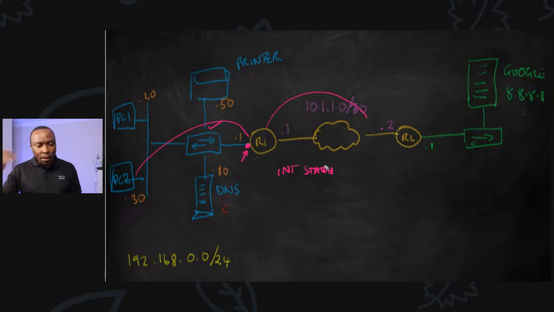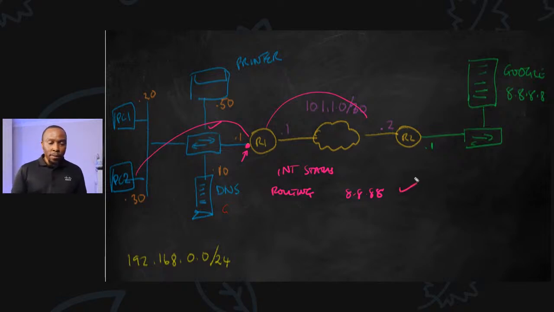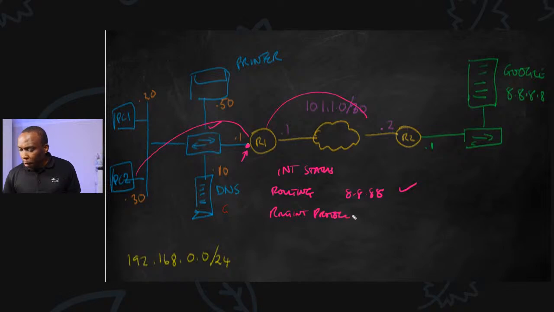Is there anything down on the interfaces? The second thing I'm going to be looking at is routing, right? Is my route to 8.8.8.8 in the routing table? Number 3, I might be looking at the routing protocols. Do I have any routing protocol that is giving me my next hop to my destination?